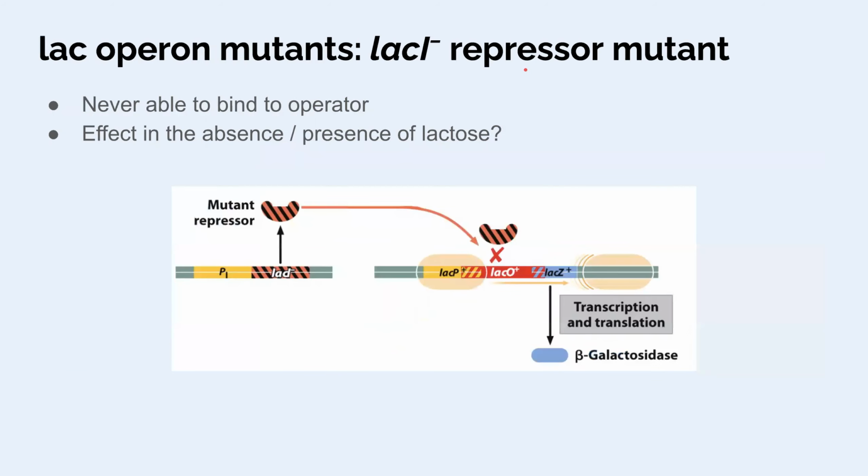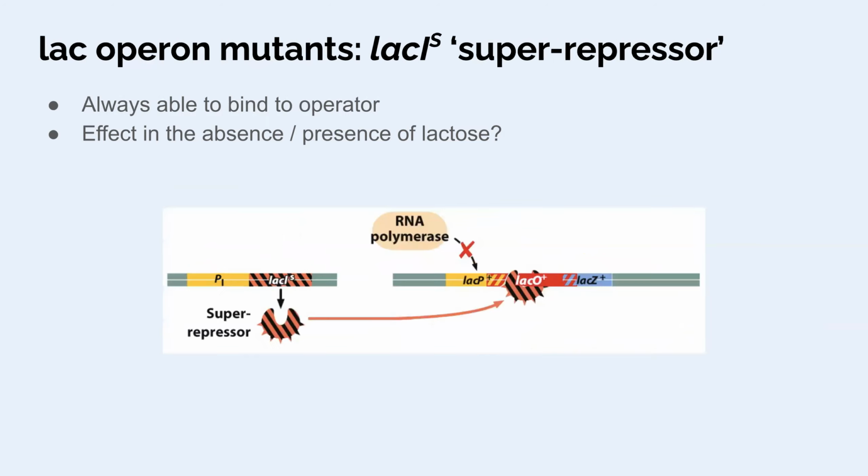So it's just fundamentally unable to repress, it's unable to attach to the promoter. So regardless of whether there's lactose or no lactose, this cannot repress. There's never any repression of transcription, which means transcription is always on. And they'd be able to detect that by the activity of this beta-galactosidase enzyme. So this is a LAC-I- mutant. This is a mutation in the gene for the repressor molecule.